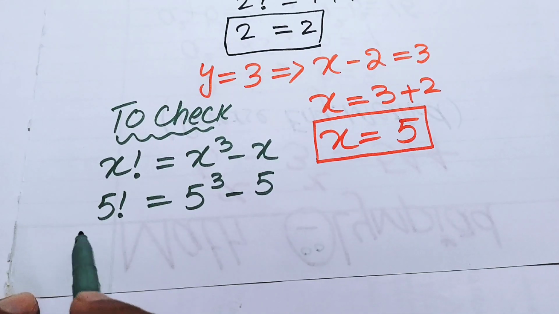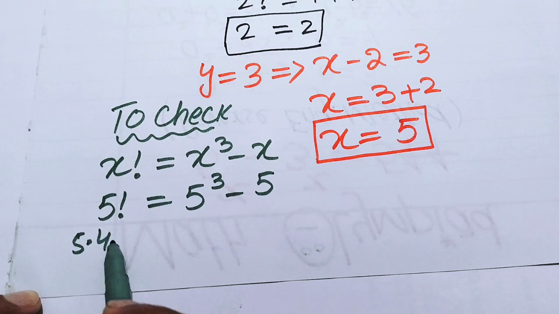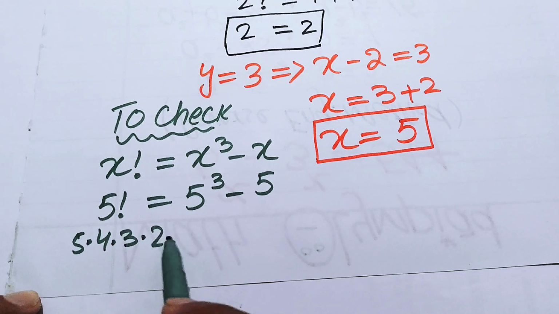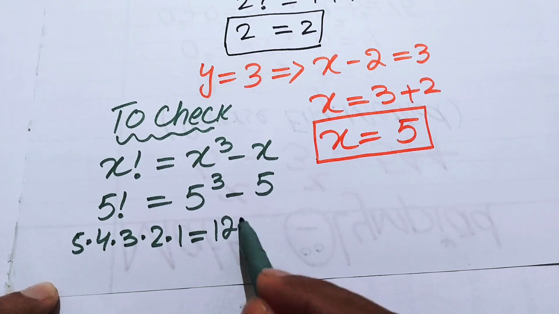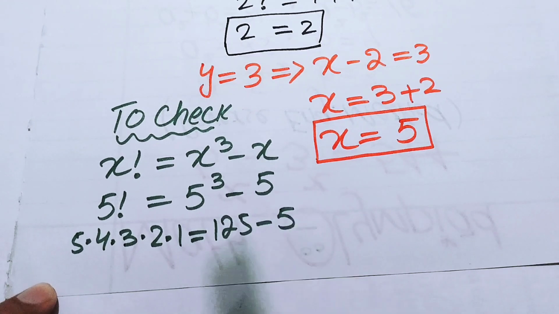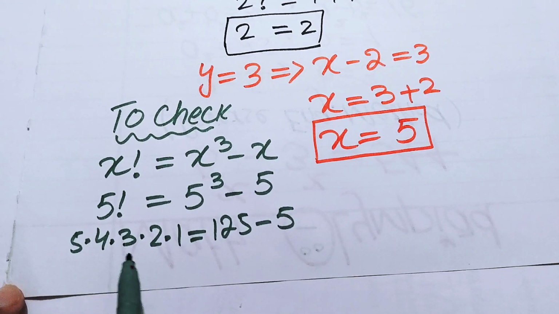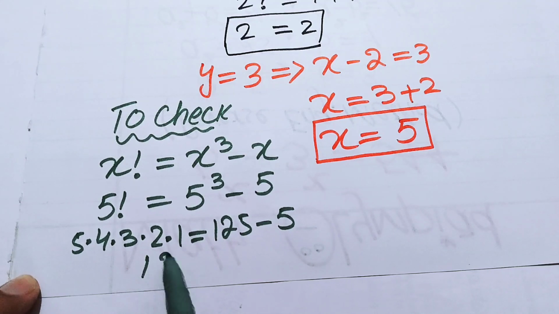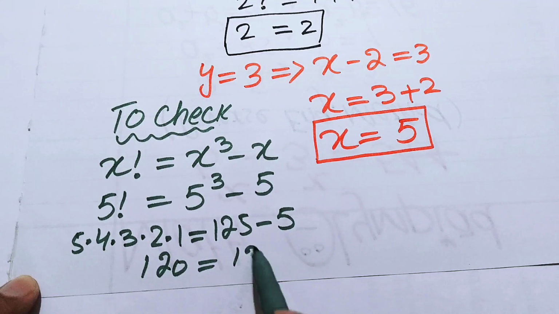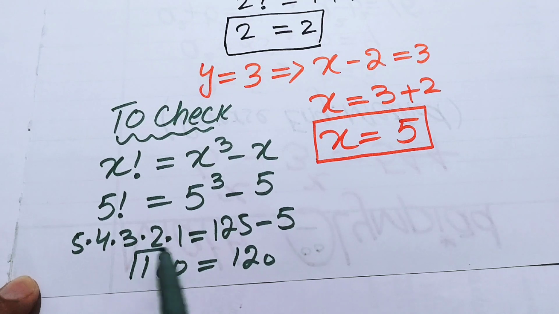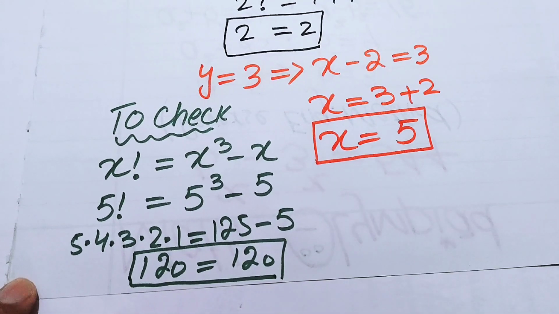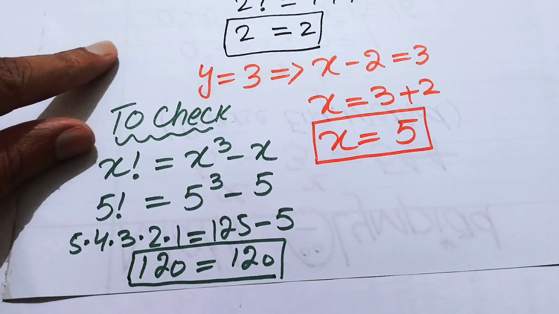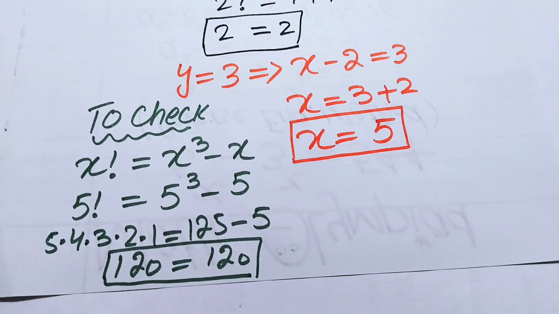You open this 5 factorial as 5 times 4 times 3 times 2 times 1, and you know that 5 cubed equals 125 minus 5, and when you multiply all these terms, you get 120, and on the right hand side you get 120. So this shows that x equals 5 satisfies the given question statement. And finally we conclude that x equals 5 is the solution of this problem.